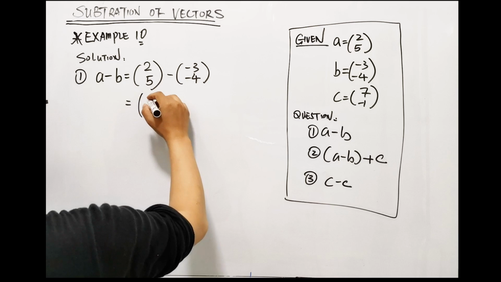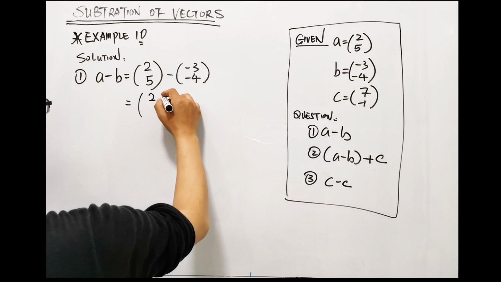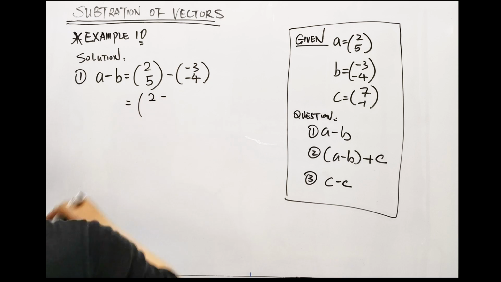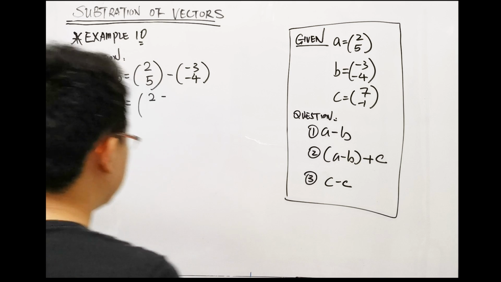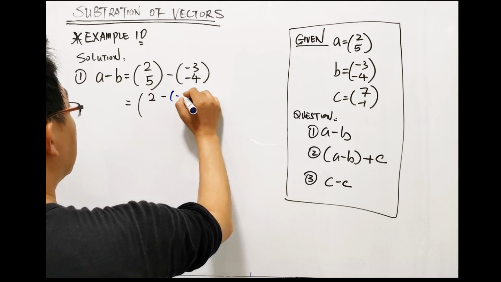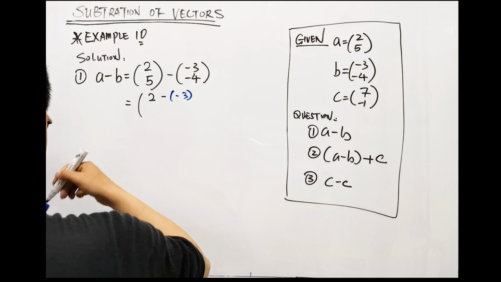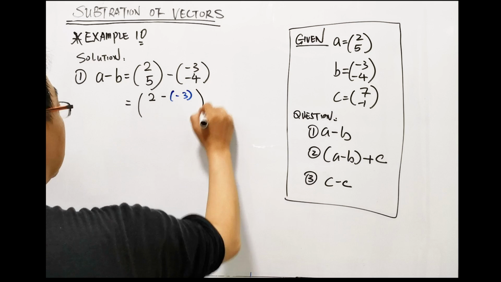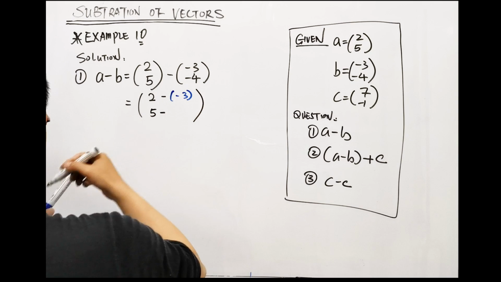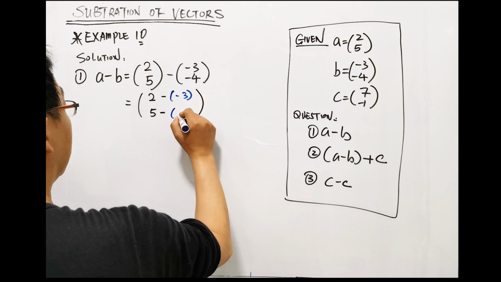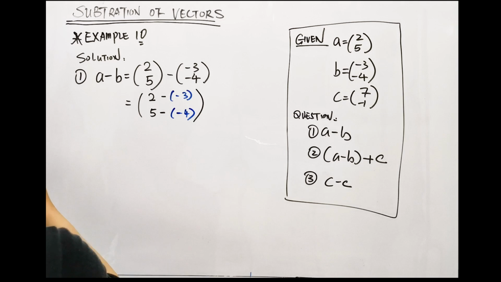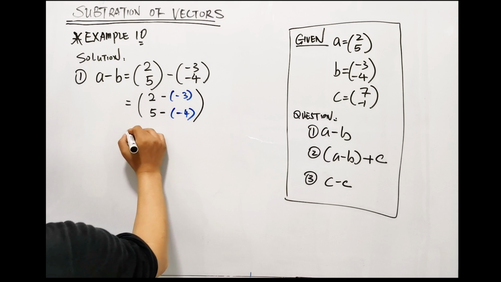So from here, we see that 2 minus bracket 3, and then 5 minus bracket 4.